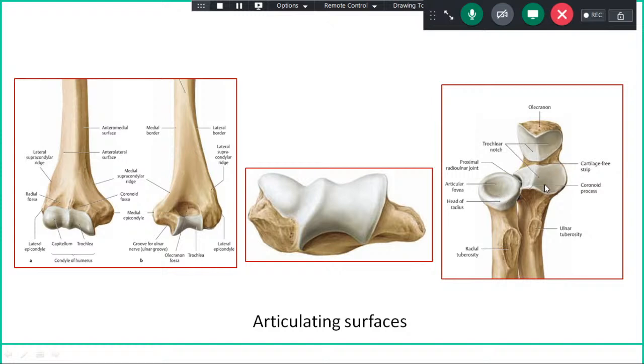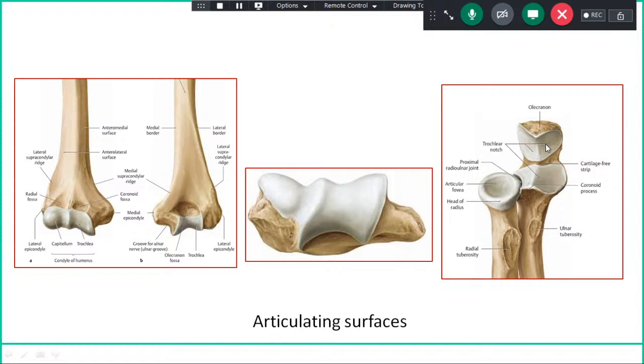Here, in the individual bone, you can clearly make out the trochlear notch. The trochlear notch is present on the anterior surface of the olecranon and the superior surface of the coronoid process. In between these two, there is an intervening part of the bone which is the non-articular part of the joint.